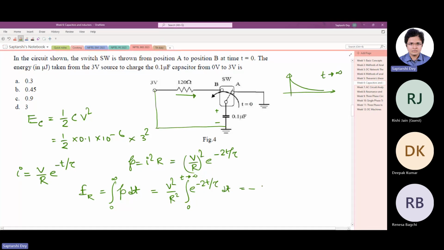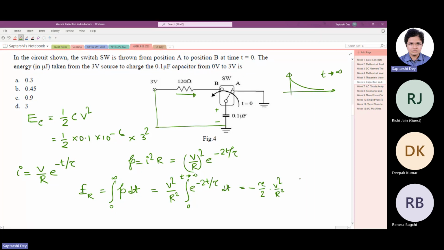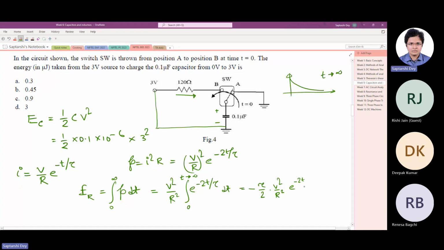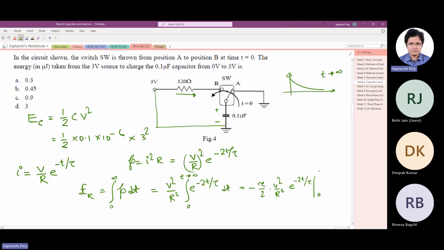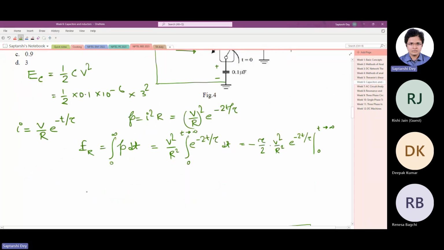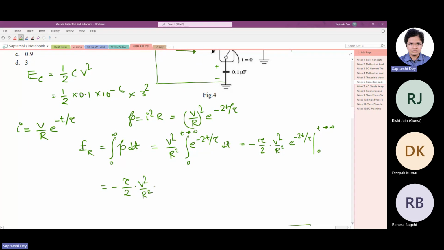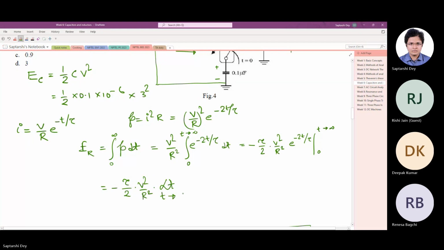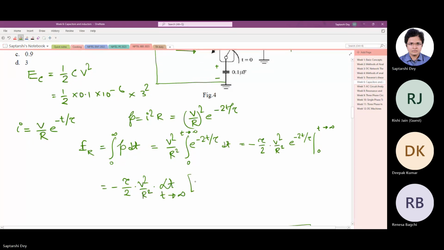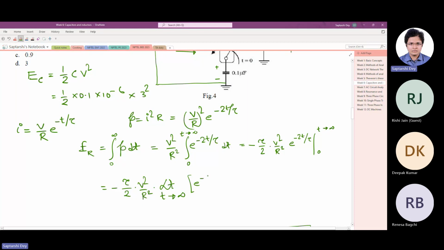So minus tau by 2 times V squared by R squared e to the power minus 2t by tau from 0 to t tends to infinity. Now what we have is minus tau by 2 V squared by R squared times, we should write like this, limit t tends to infinity of e to the power minus 2t by tau.